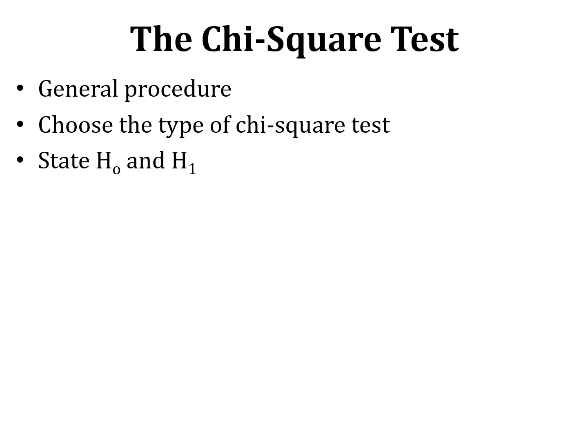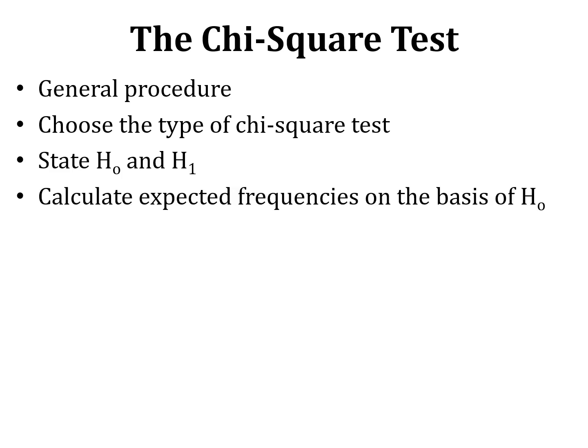Then you have to state the statistical null hypothesis and alternate hypothesis for your test. Then you have to calculate the expected frequencies under the null hypothesis that you have proposed, because you already have your observed frequencies from your sampling.